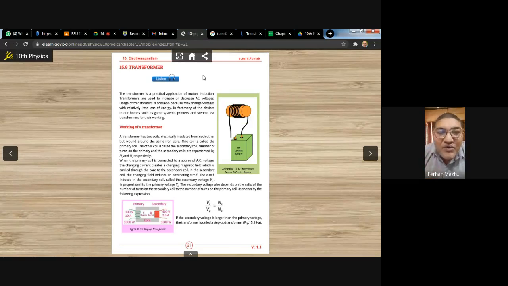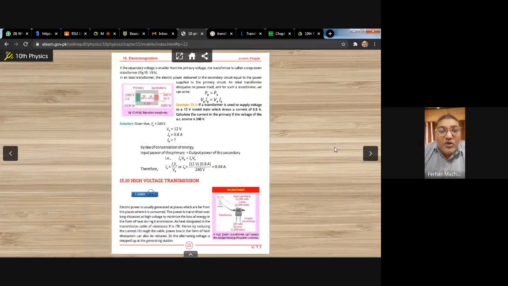And if the secondary voltage is smaller than the primary voltage, the transformer is called a step-down transformer. This can be an MCQ, okay?